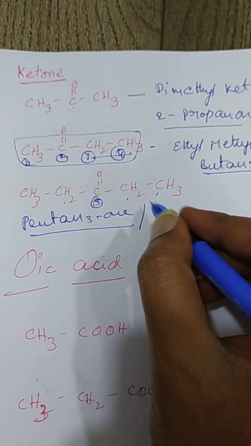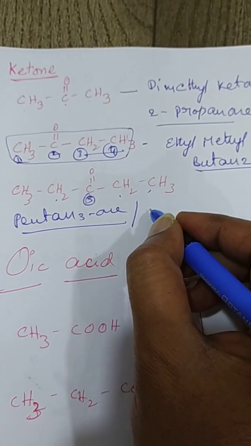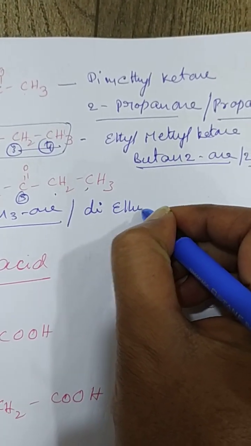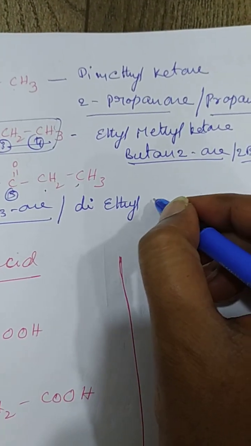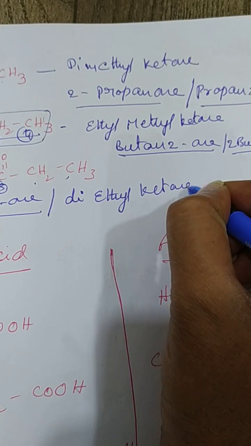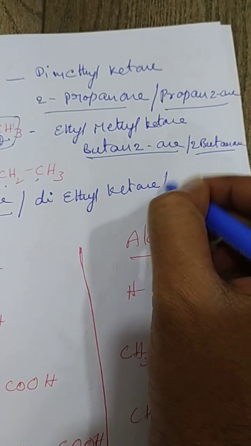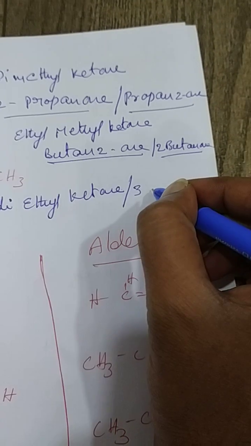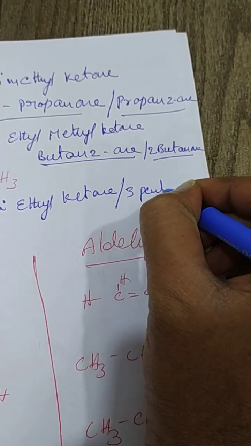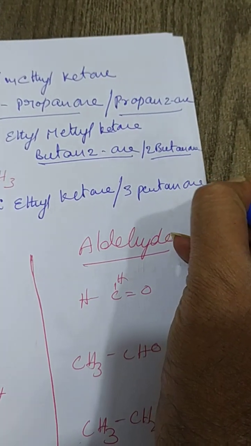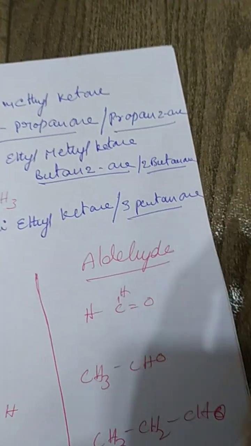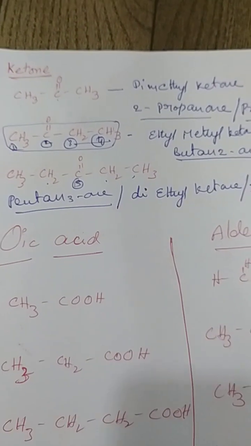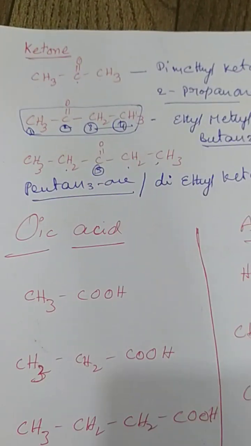Or you can say ethyl groups on both sides: diethyl ketone, or 3-pentanone. So these are the different types of nomenclature for the ketone.